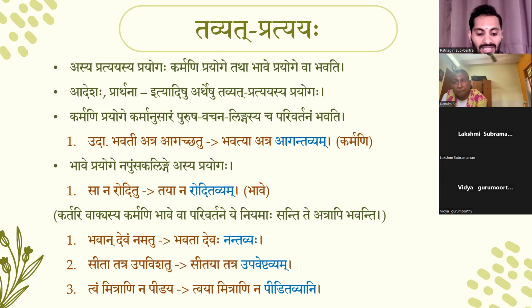Tatra remains as it is, an avyaya padam. There is no karma padam, so we will not use one. It is going to be Sitaya tatra upavishtavyam. Or if there are many kartas: maya tatra upavishtavyam, taya tatra upavishtavyam, tena tatra upavishtavyam, taihi tatra upavishtavyam, asmabhihi tatra upavishtavyam. Upavishtavyam is going to be the same.